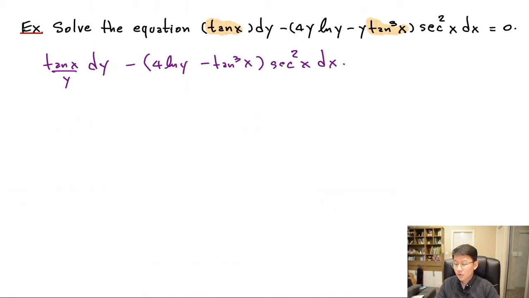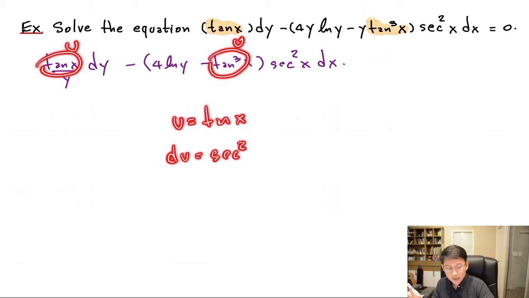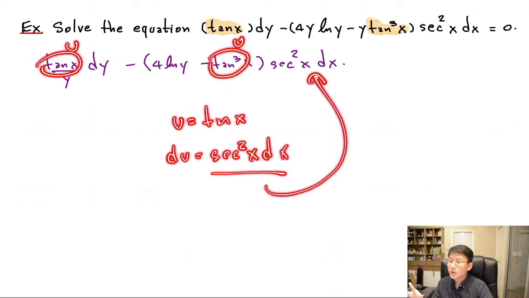And then guys, if you substitute that 10 by some u, so if you let u be 10x, of course du would be sec squared x dx, which is exactly that guy. So let's do that first and see what happens.